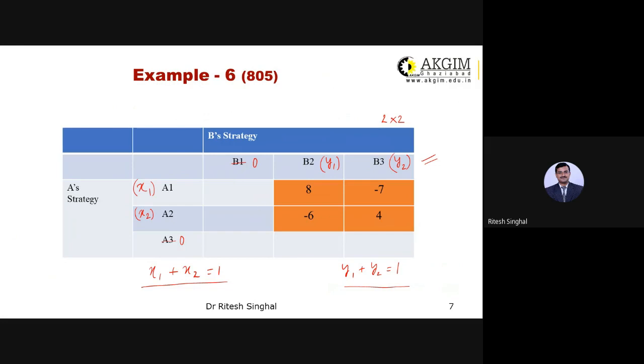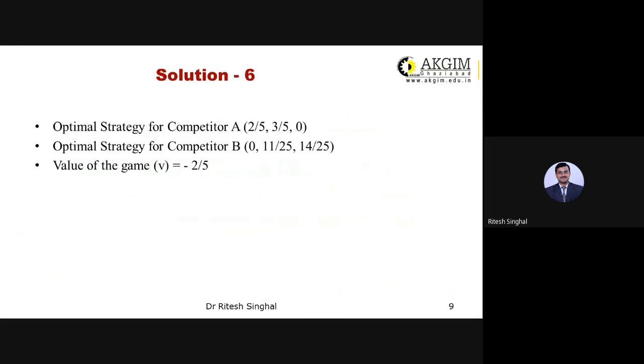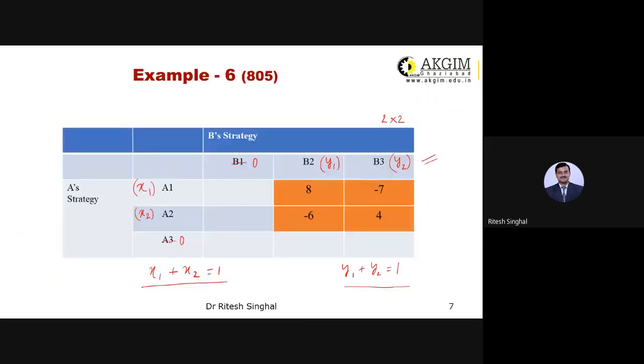Now write the values in this sequence: the optimal strategy for player A is 2 by 5, 3 by 5, and 0. Mind it, 0 is put at the third position because you removed the third row. That is why 0 is kept at the third position.